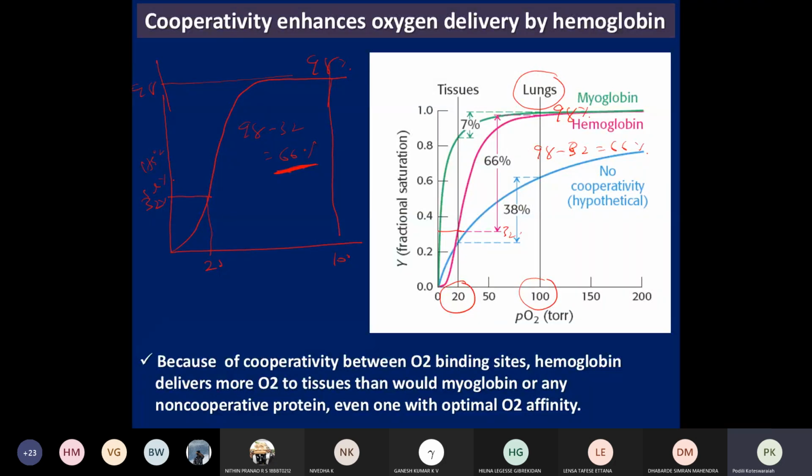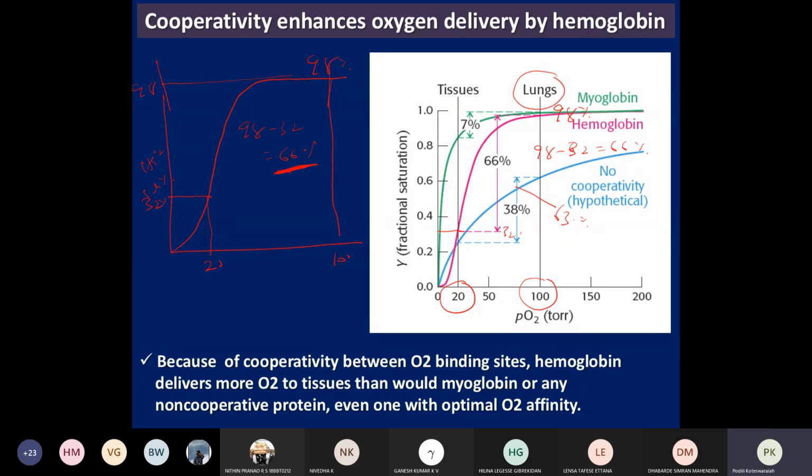And in the same way, you can see here the hypothetical non-cooperative protein. In case of the hypothetical non-cooperative protein, near the lungs, the saturation is 63%. 63% of the binding sites are occupied by the oxygen.